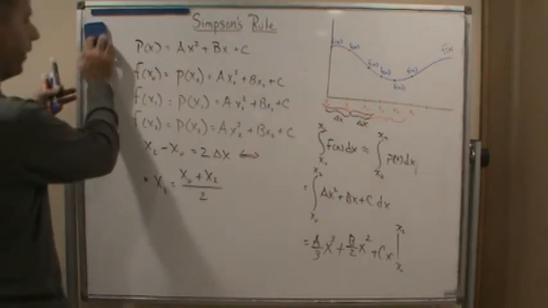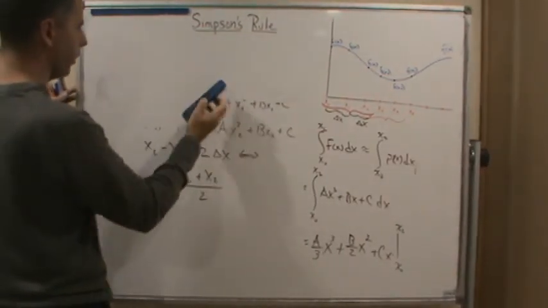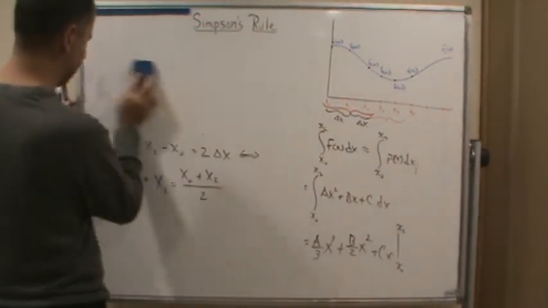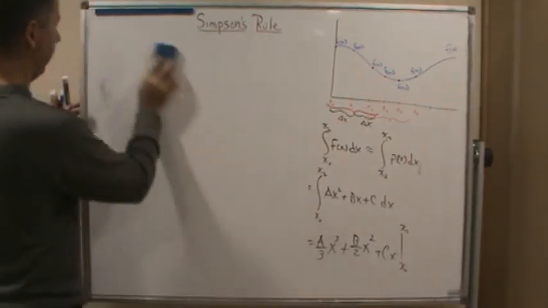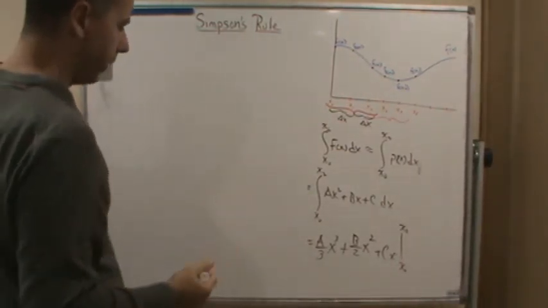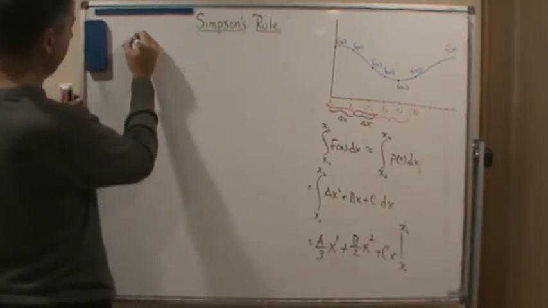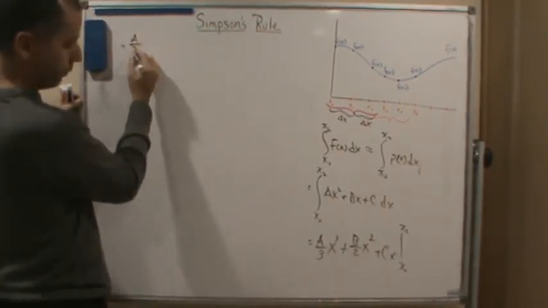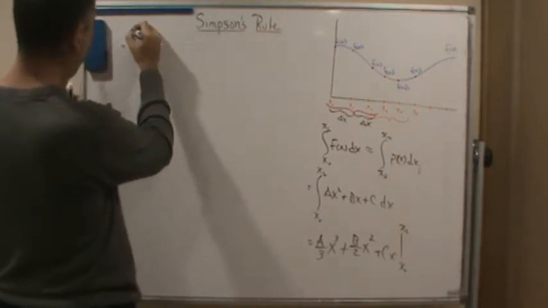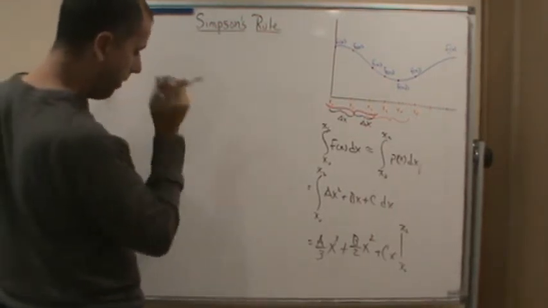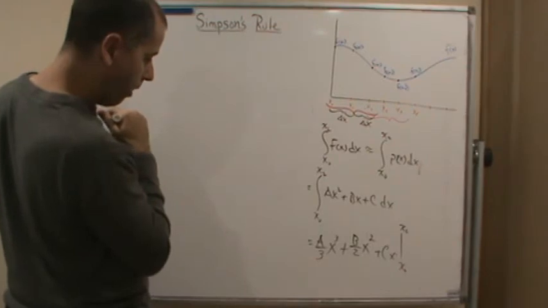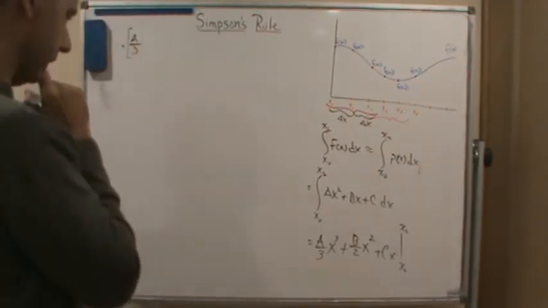Okay, so now what are we going to do with that? Well, let's see what happens. Okay, so now let's evaluate this. So that's going to be a over 3, let's see here.